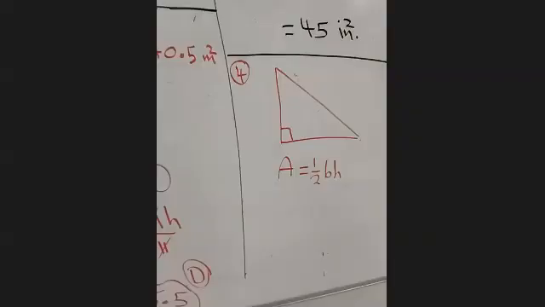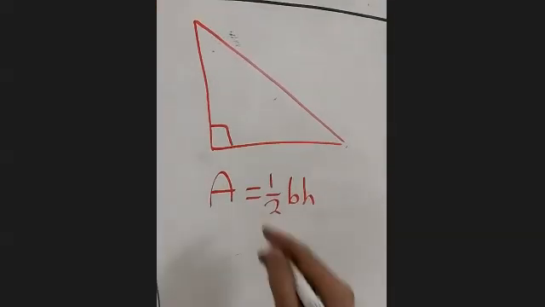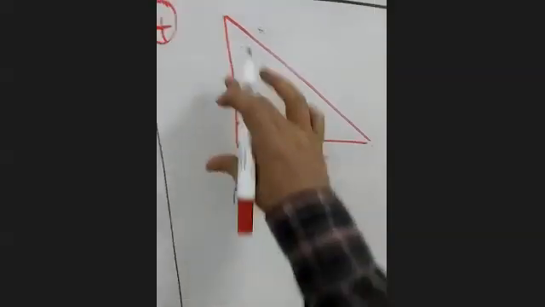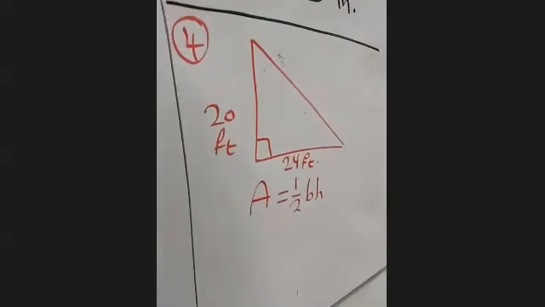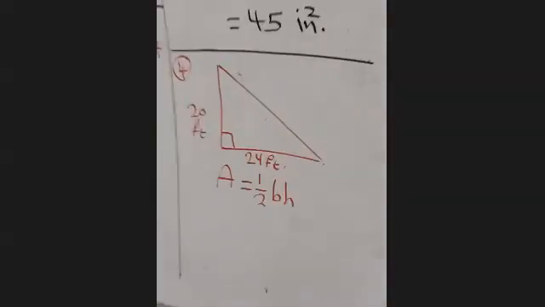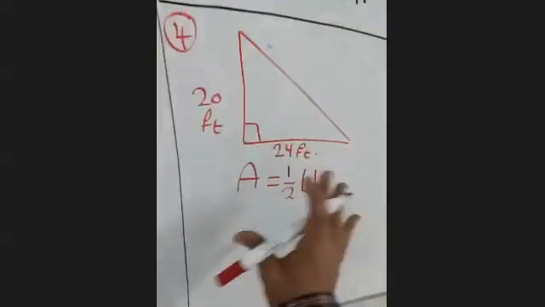Now, what's the base given in the question? 24 feet. And the height? 20 feet. Now let's find the area first. We have choices down here, but before looking at the choices, let's find everything.